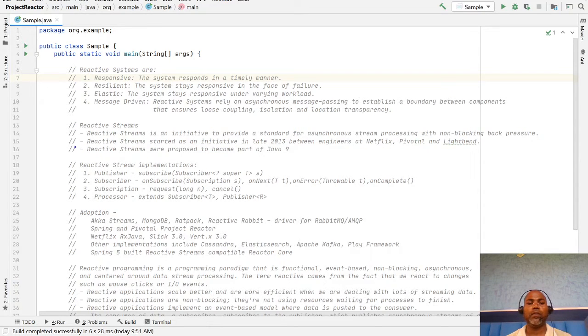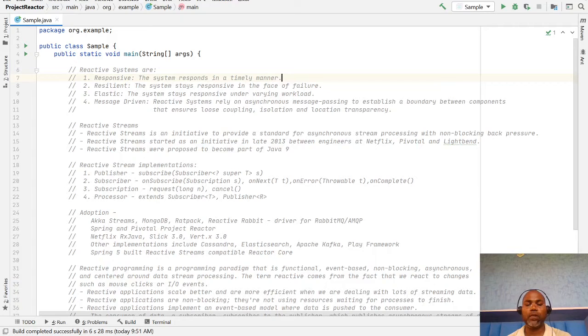It was proposed to become part of the Java standard from Java 9. When it was standardized, Java 9 came up with a set of interfaces mentioned in the reactive stream specification, so that your reactive system processes the data stream asynchronously, non-blocking, with the back pressure feature.